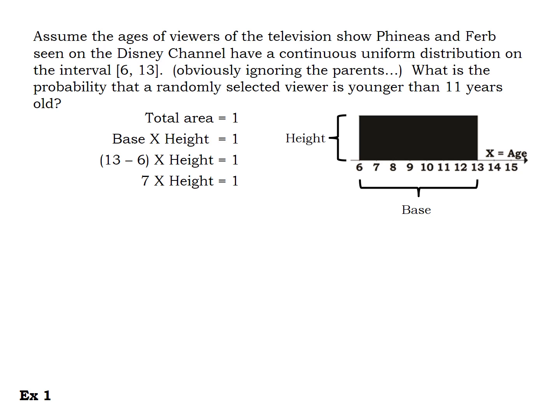That tells me that the height must be 1/7. Since this particular rectangle is 7 wide, the height has to be 1/7, and then 7 times 1/7 is going to be 1. So the equation for our density function says, as long as x is in our range from 6 to 13, the density, or the height of the graph, will be 1/7 the entire time.